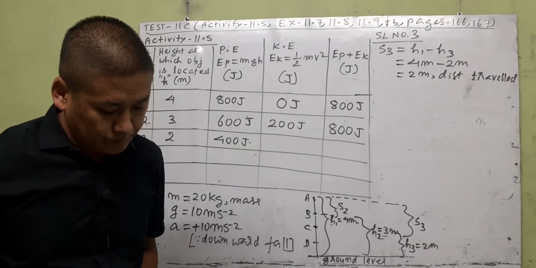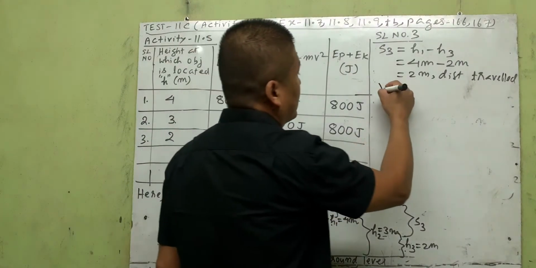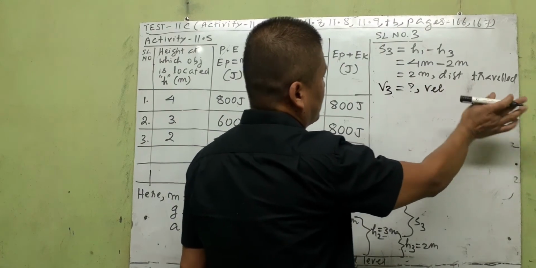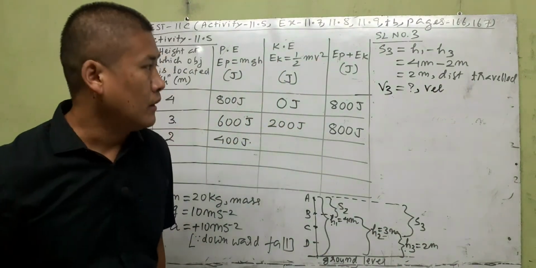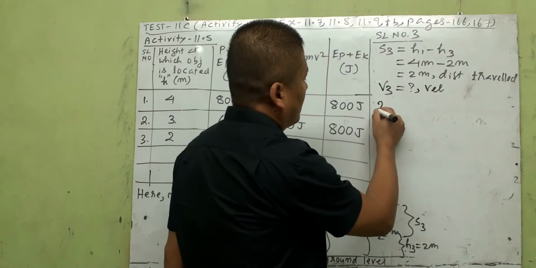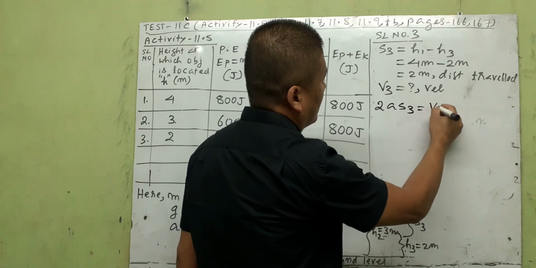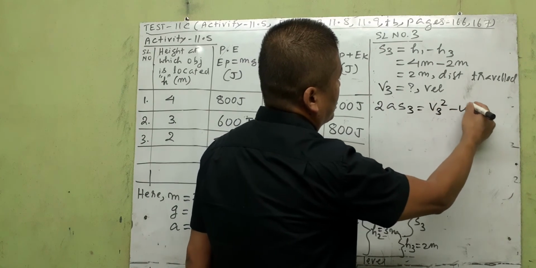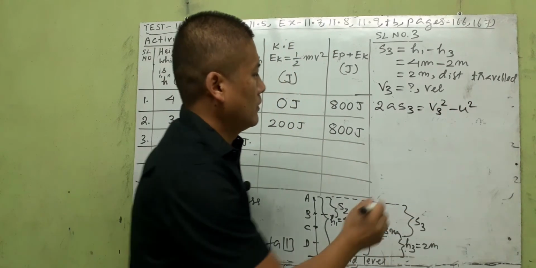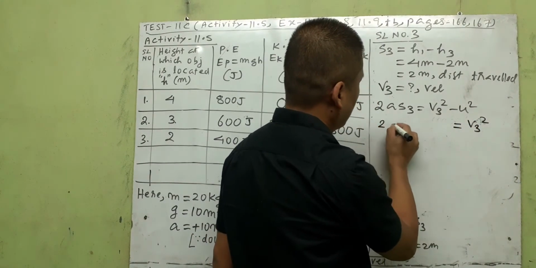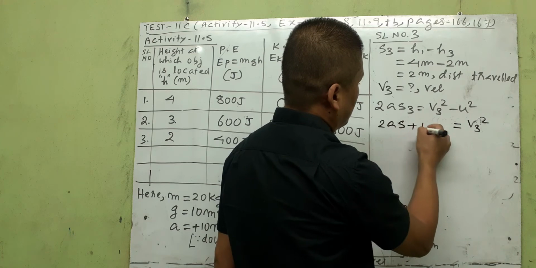Now, velocity v, we need velocity, so v3 is a question mark. How fast it's moving, we don't know. Velocity in the third serial number. So we apply the same formula twice. This time S3 is equal to V3 square minus U3 square, the motion equation. So likewise, like before, V3 square will be twice AS plus U square.